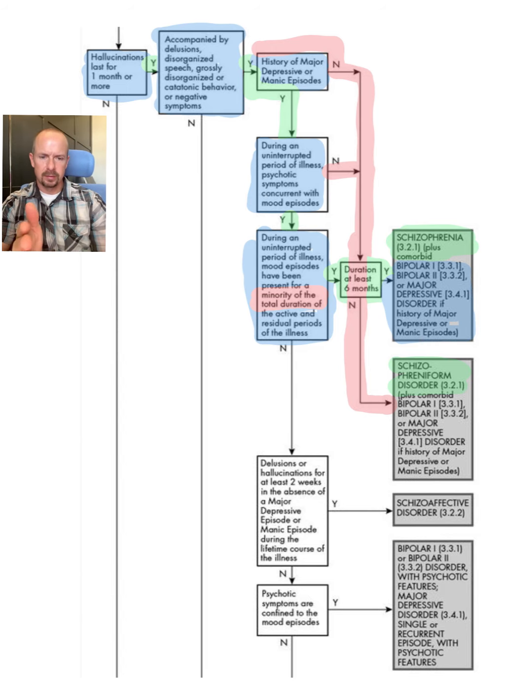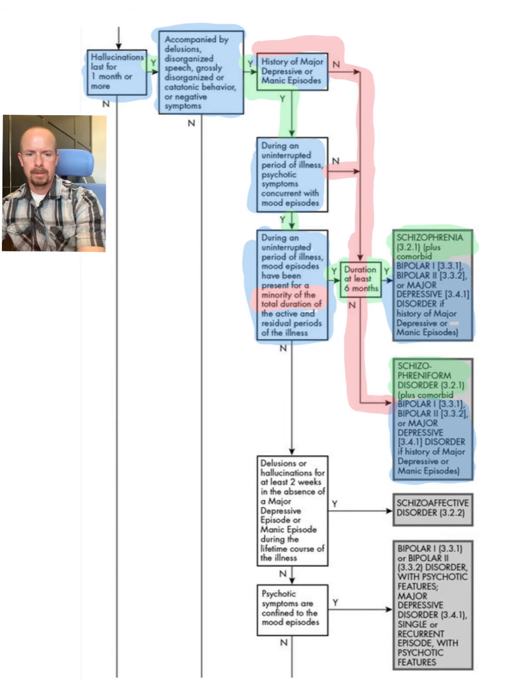From 30 days to 6 months, we have schizophreniform disorder if there's been no overlying or concurrent mood episodes, as we've seen. If not, it tells us once again that we'll go along with the other diagnoses of bipolar disorder.